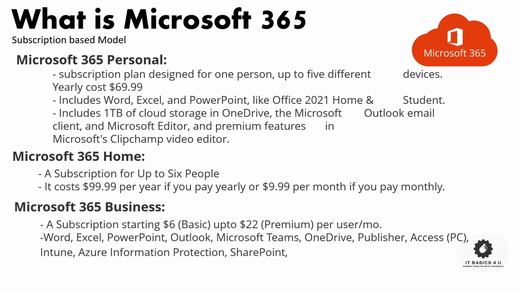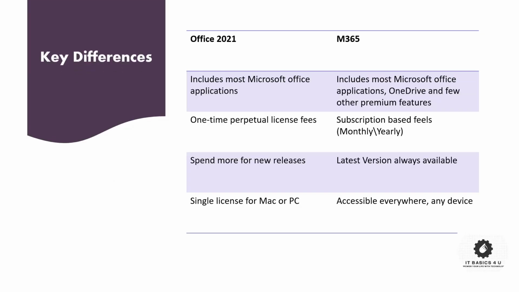You get Word, Excel, PowerPoint, you get Outlook, you get Microsoft Teams, you get OneDrive, you get Publisher, you get Access, and you get SharePoint, you get Intune, you get a lot of other applications as part of Microsoft 365 business.